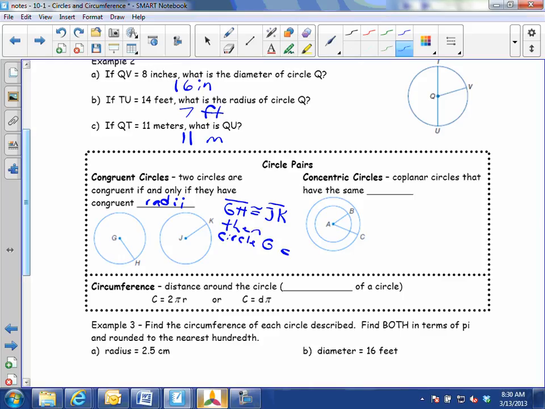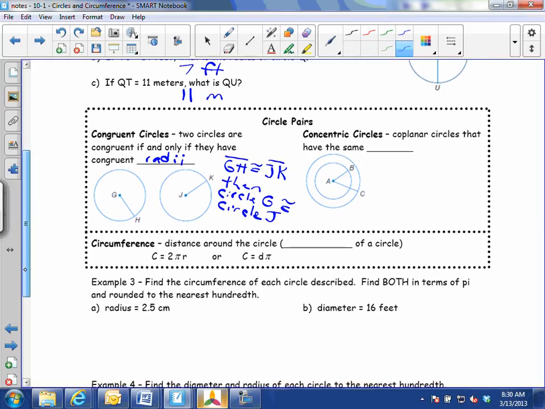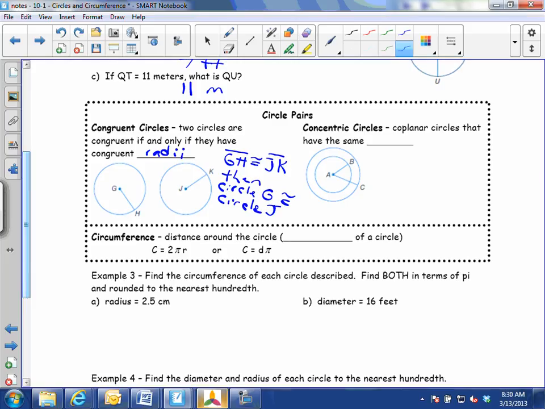Circle G is congruent to circle J. Remember, if shapes are congruent, that means they have the same size and same shape. Well, all circles are the same shape no matter what size they are. So as long as they're the same size, we say that they are congruent.